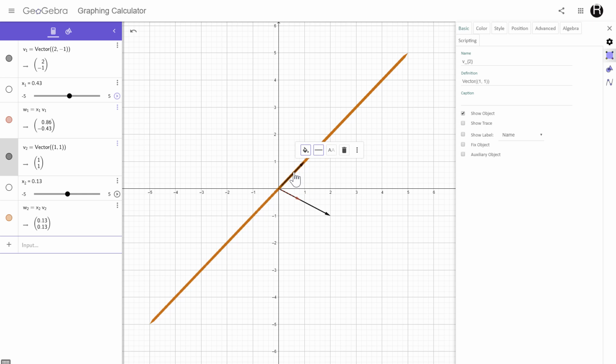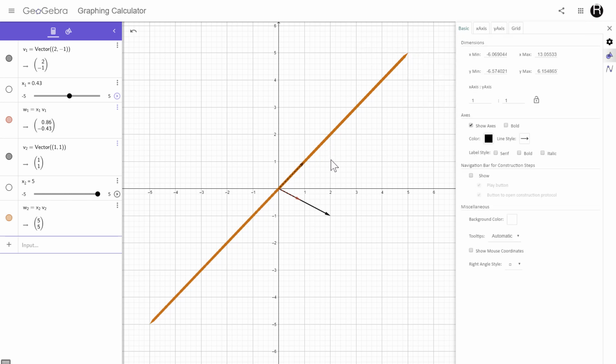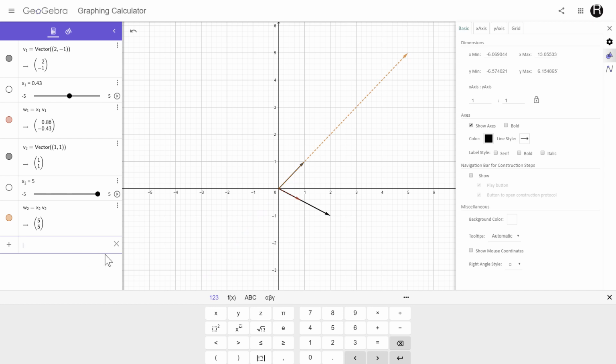I think we need to find W2. Let's put W2 over here and keep this from tracing again. And so now let's add W1 plus W2.